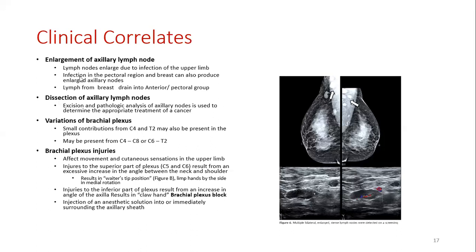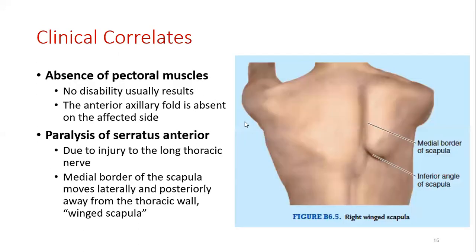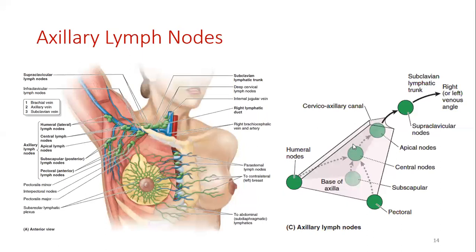And obviously he talks about here how the infection in the pectoral region, the breast, can produce enlarged axillary lymph nodes. Just remembering that pathway of lymph fluid drainage is going to help you, because they have the option of asking you questions about lymph fluid drainage and you have to identify which node would come next, or which node could have gotten the previous drainage.